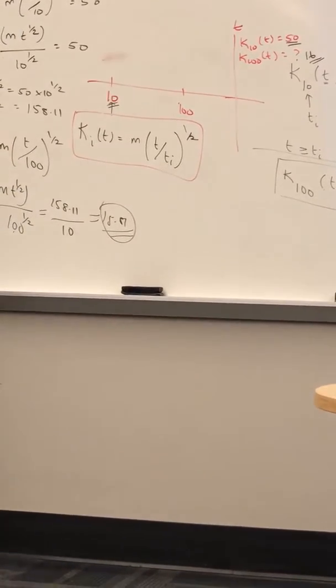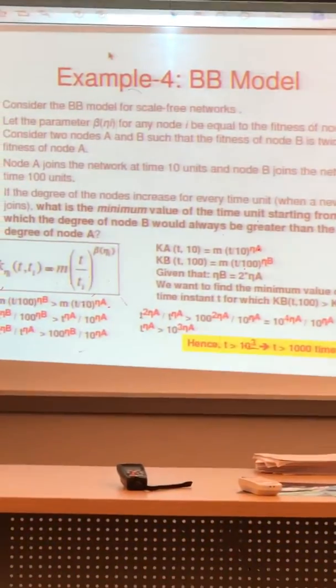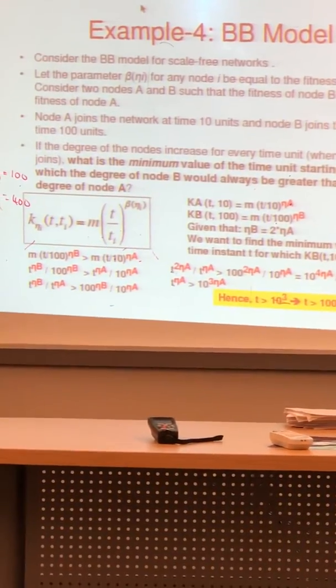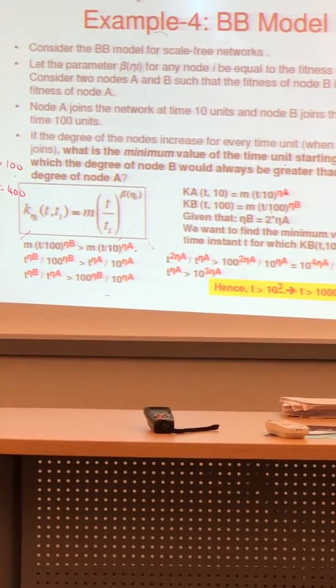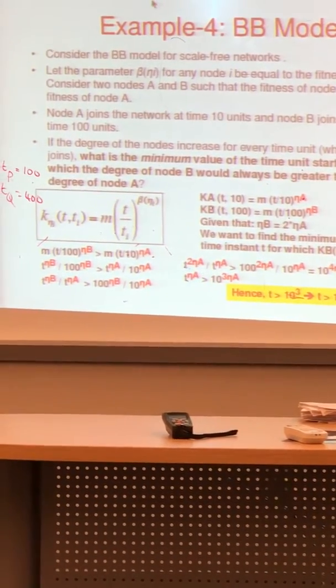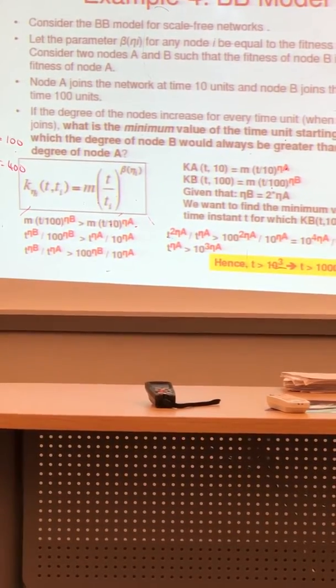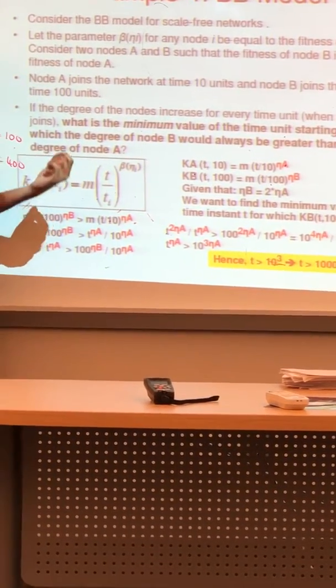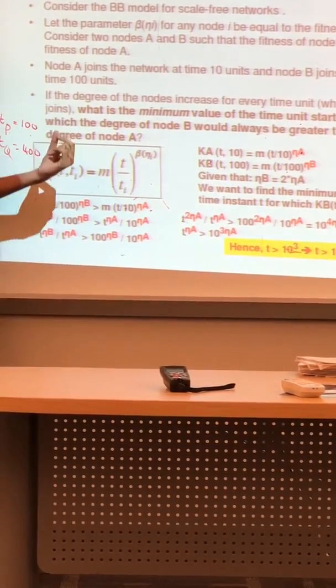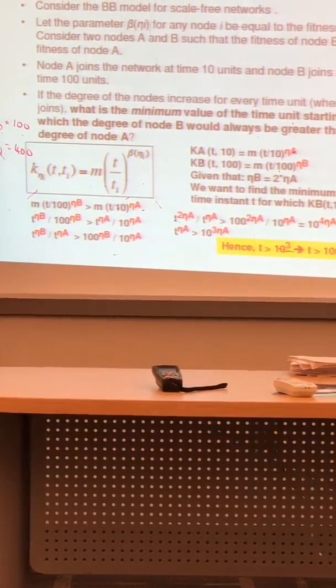Okay, that's the BA model. Now in the BB model, you introduce a fitness parameter that will influence the rate at which the degree of a node grows. The joining time Ti as well as the fitness parameter will influence the rate.